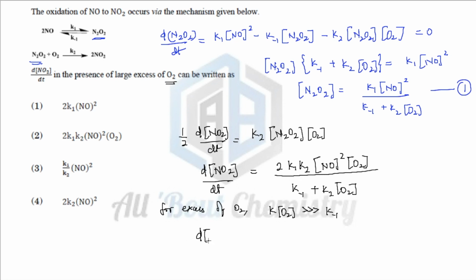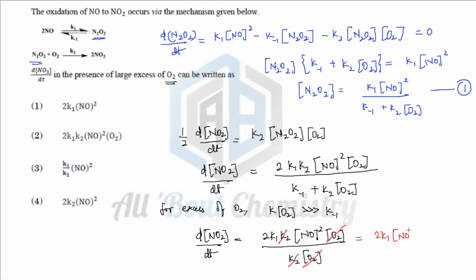So you are going to get d[NO2]/dt equal to 2 k1 k2, and in the numerator I have [NO]^2 and [O2], and in the denominator you just have this term, k2 [O2]. Now you can cancel out a few of the terms, like this O2 will be cancelled out by this, k2 will be cancelled out by this, so you are going to get 2 k1 [NO]^2.